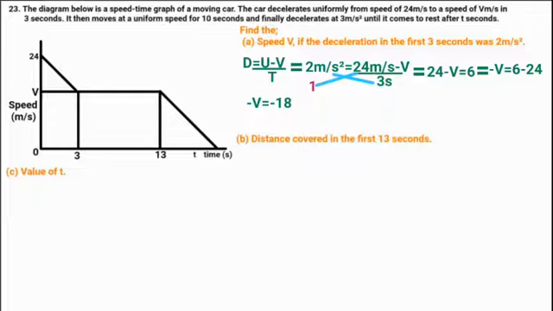Now I divide both sides by negative 1, so negative v divided by negative 1 gives v, and negative 18 divided by negative 1 gives 18. So the value of the speed there is 18 meters per second.